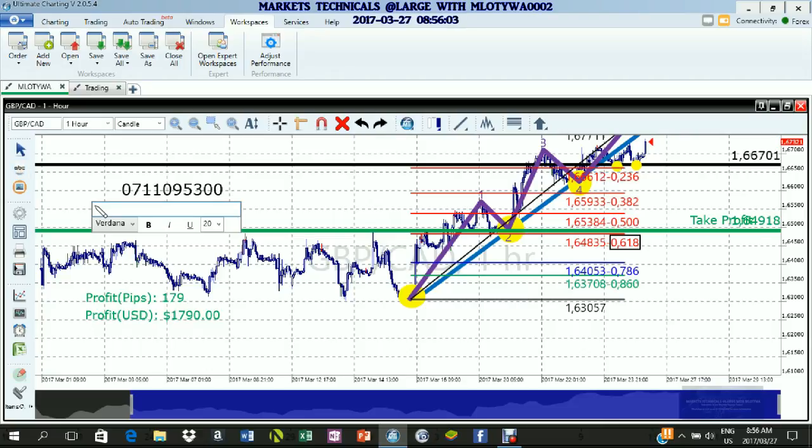Now that will be profit in rands. So we also calculate that.